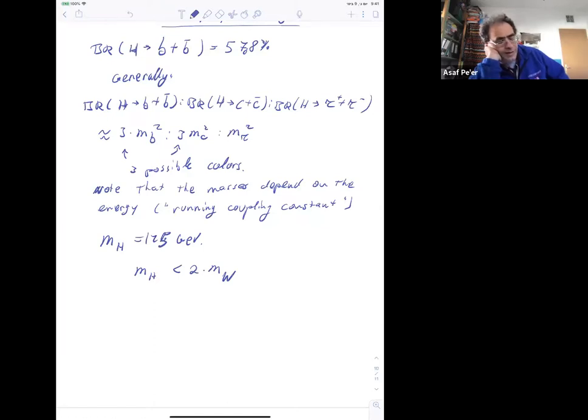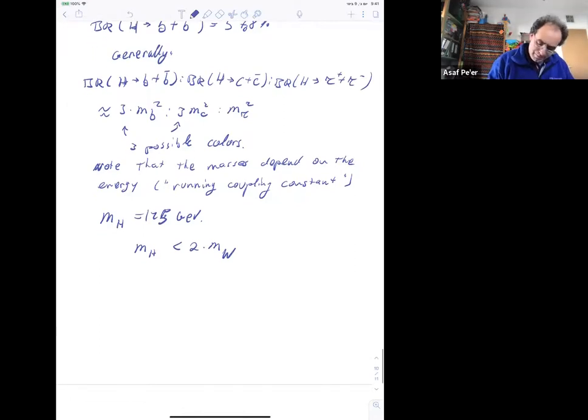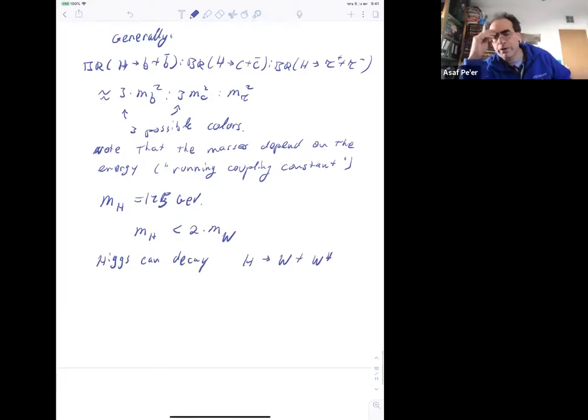But the Higgs can decay into two W's, provided that one of the W's is a virtual particle. So we say Higgs goes to W plus W star, and the star is to remind us that this W is a virtual particle, off the mass shell.